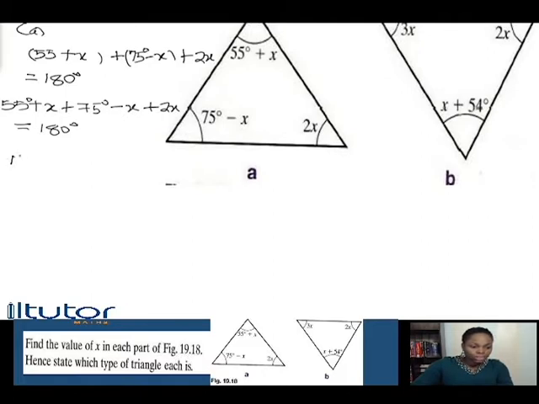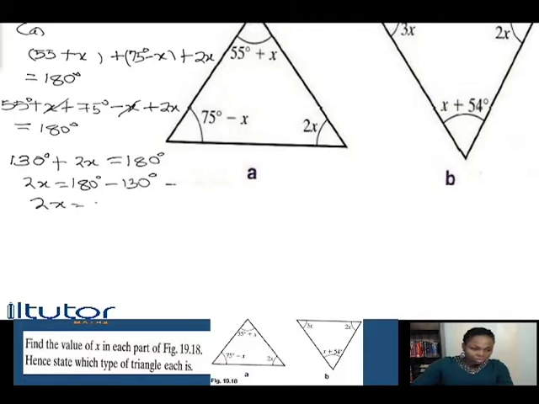So we have 130 degrees plus x minus x, which will be gone, and we'll be left with 2x, and everything is still equal to 180 degrees. So 2x is 180 degrees minus 130 degrees, and we have that 2x is equal to 50 degrees.